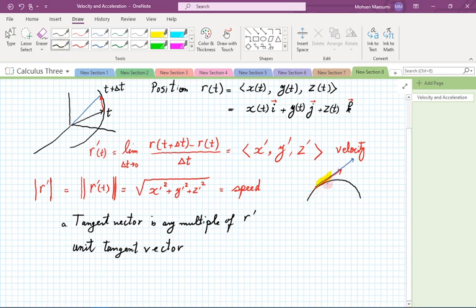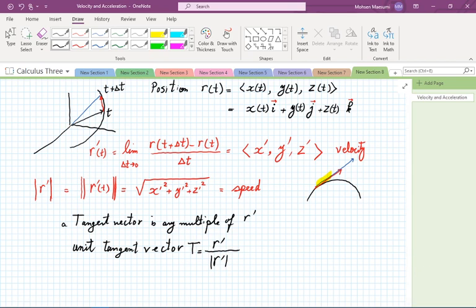There are going to be 2 of them, one going in one direction and the other going in the opposite direction, and one of them can be chosen by us. So if I take r prime and divide it by its absolute value, I will get what is called a unit tangent vector, and the letter T is reserved for that.